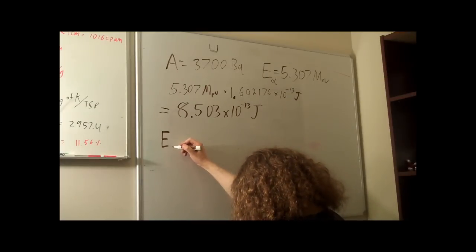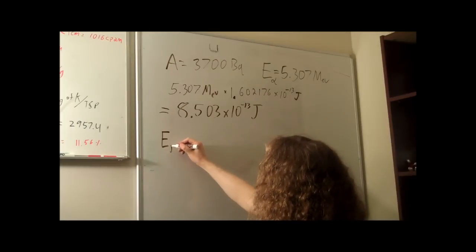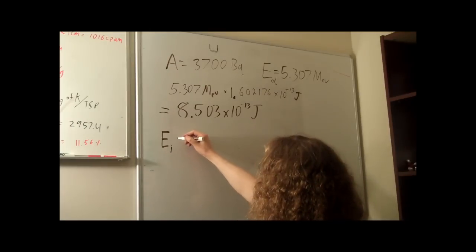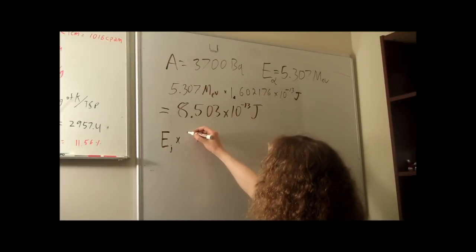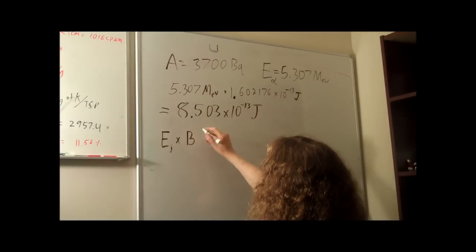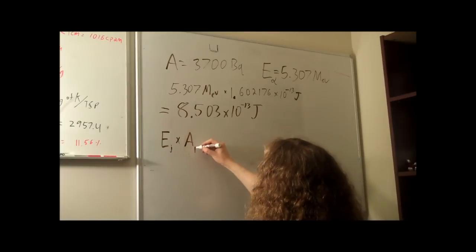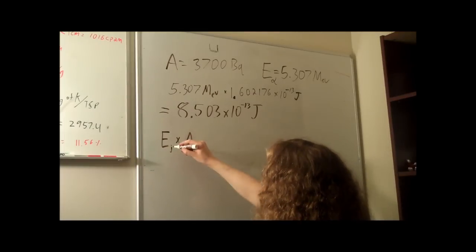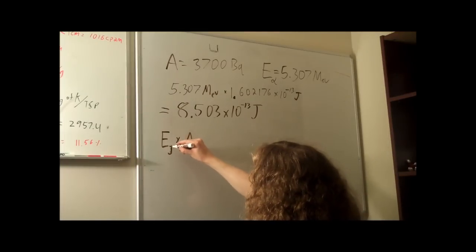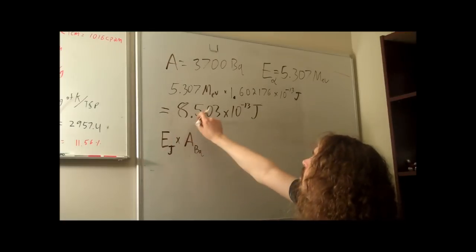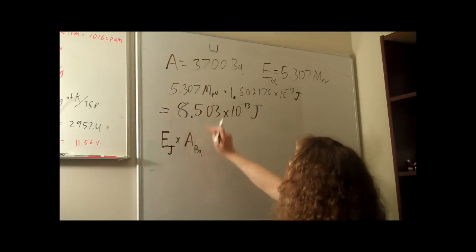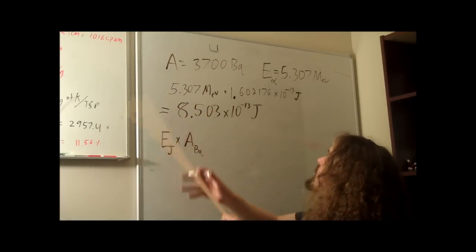Our energy in joules multiplied by our, well, let's draw it differently, by our activity in becquerels. That is a J, by the way. It looks stupid, but it's a J. Energy in joules times our activity in becquerels.